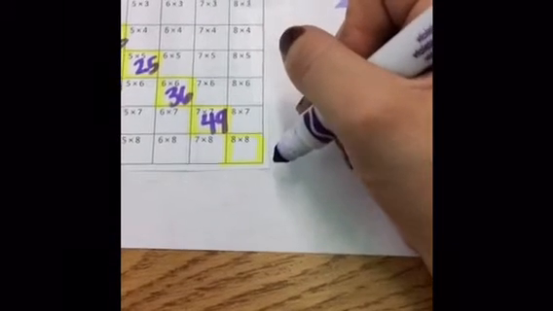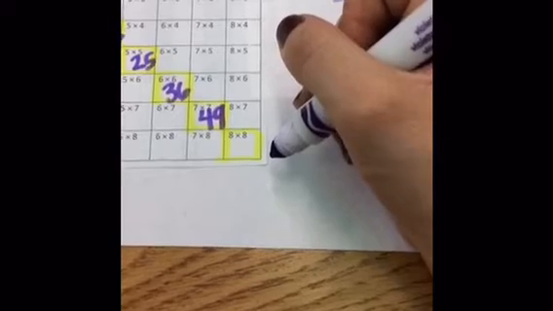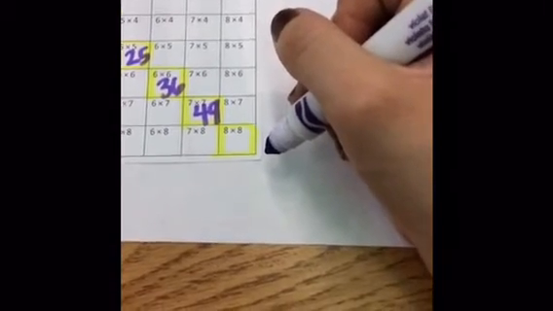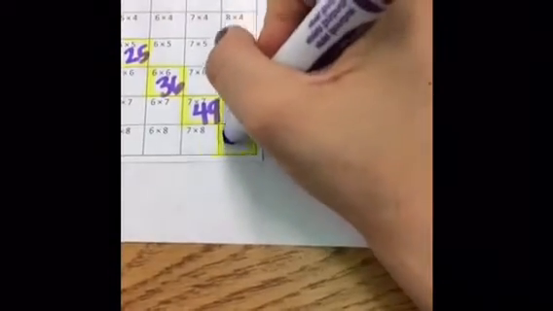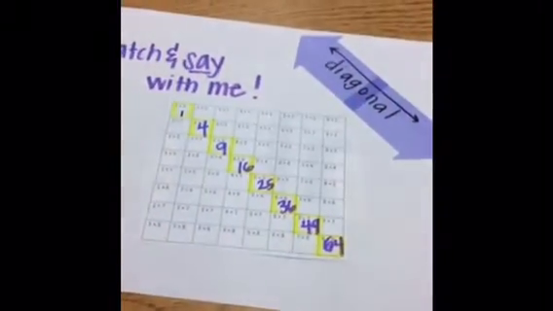Take a minute to think. 8 times 8 is 64. Okay, so I filled in all the numbers on the diagonal.